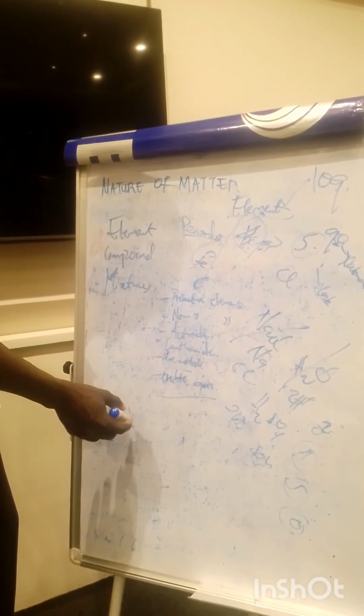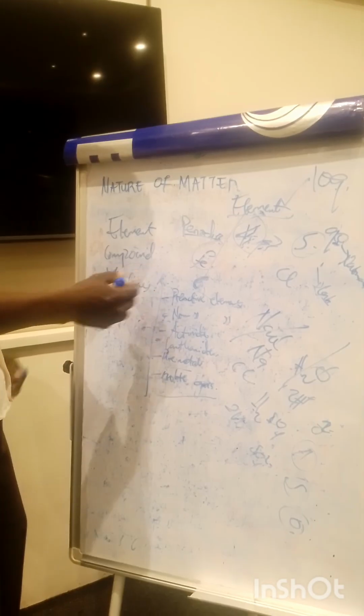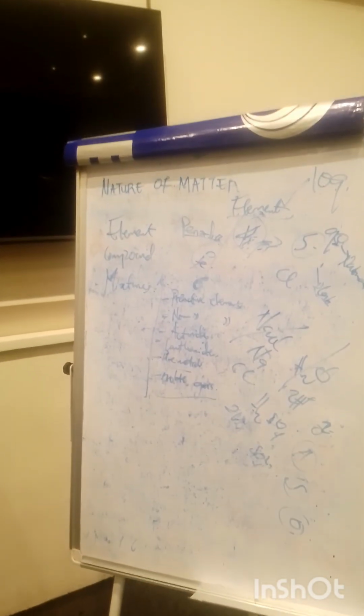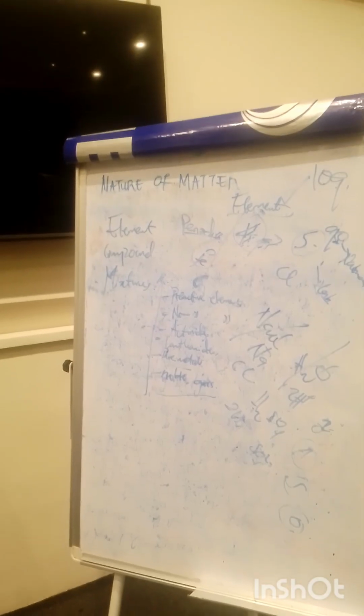These are the six types of elements that are grouped in the periodic table.